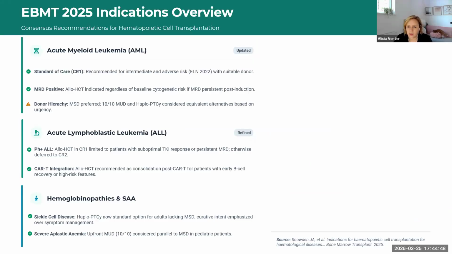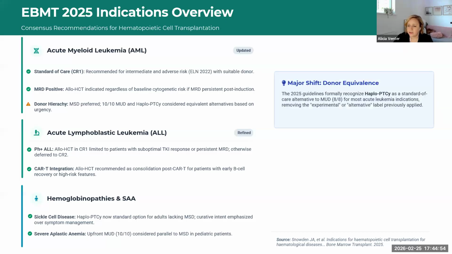There are recommendations for AML, ALL, and other hemoglobinopathies. But there is a major shift in recent years, specifically in the 2025 guidance. They now formally recognize haplo-PTCy with PTCy-SI as a standard of care alternative to matched unrelated donors for most acute leukemia indications, removing the experimental or alternative label that was previously applied.